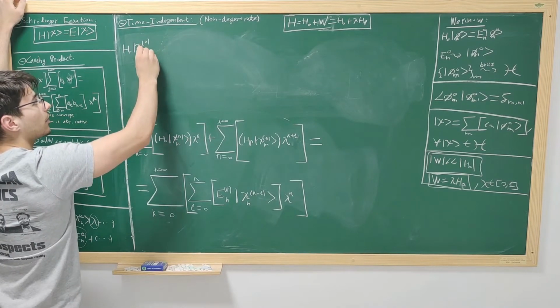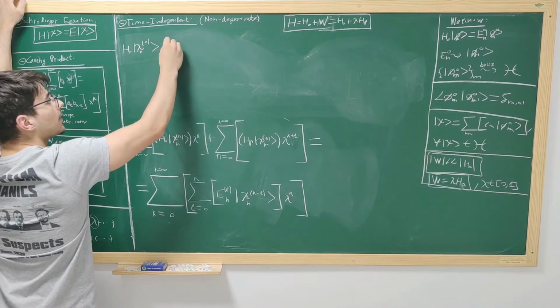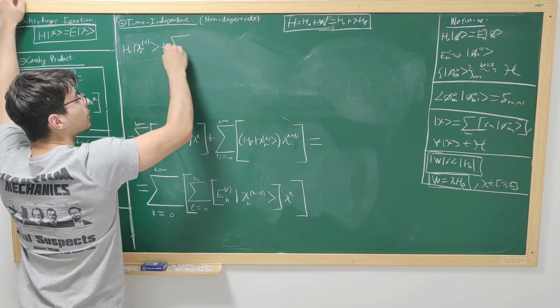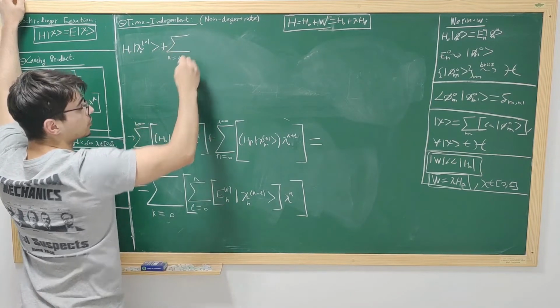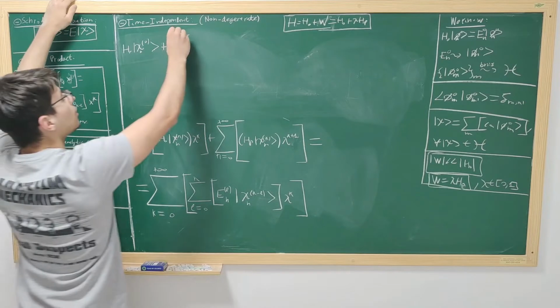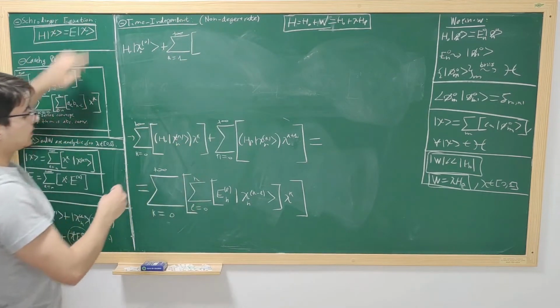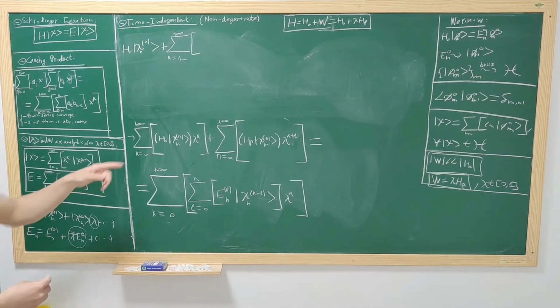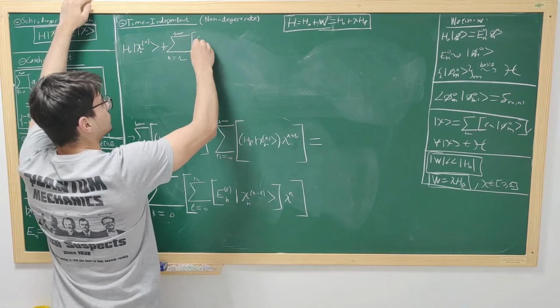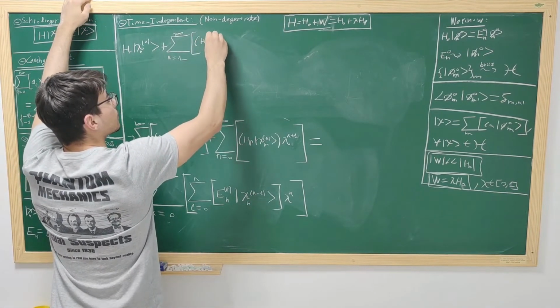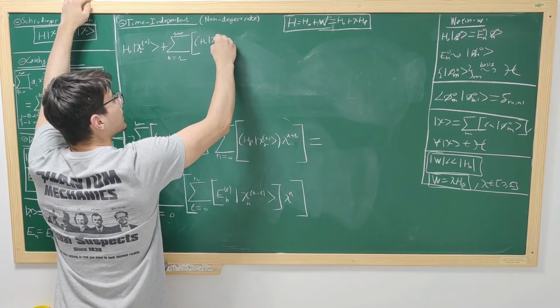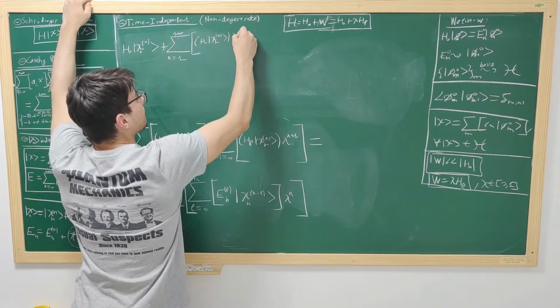This is the 0th order correction, plus the sum going from k equals 1, because we have already taken out the 0, to positive infinity of, well, once again, h naught psi k n and lambda k.